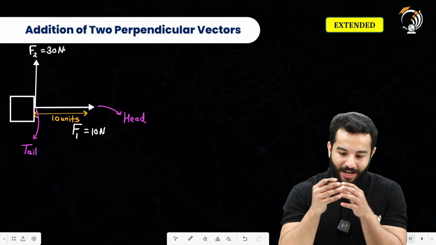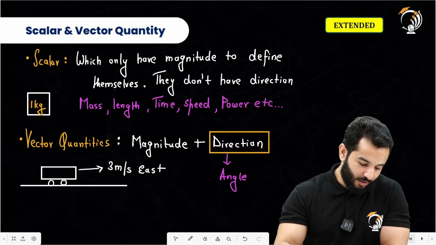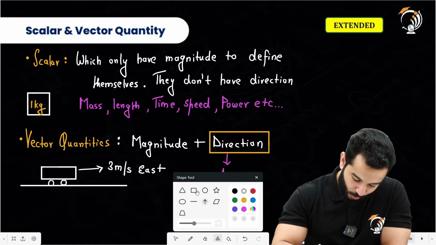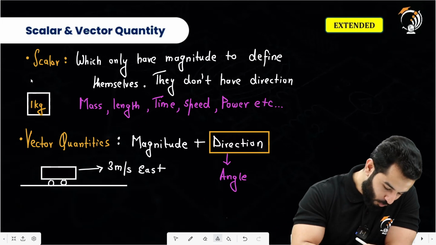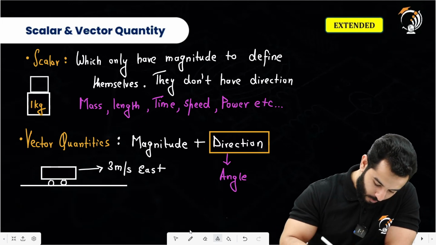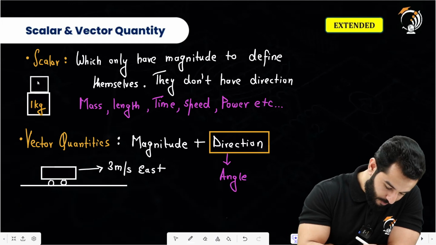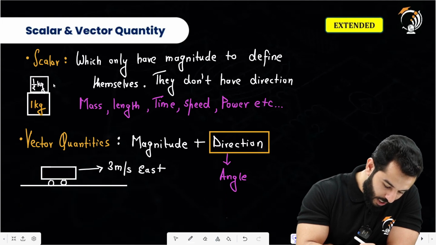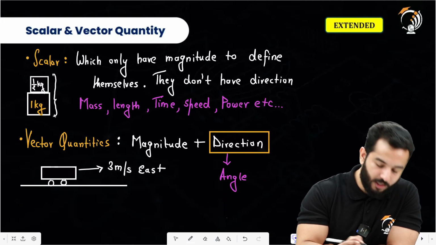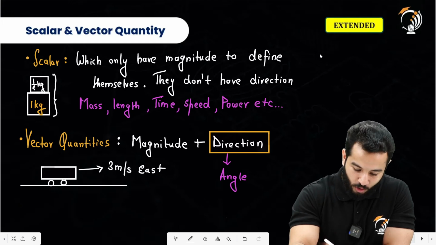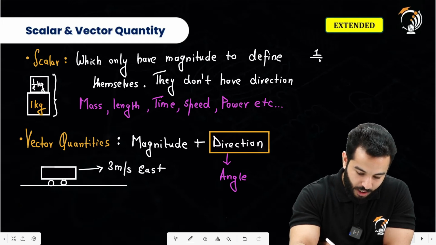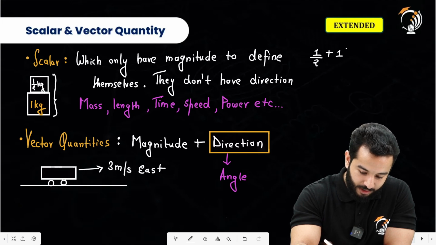Now please understand, when we were talking about scalar quantities, and let's say I told you that we have got another body whose mass is actually 0.5 kilograms, that means half kg. Now you tell me what is the mass of this total arrangement. You are going to say the total mass is going to be 1 by 2 kg plus 1 kg.